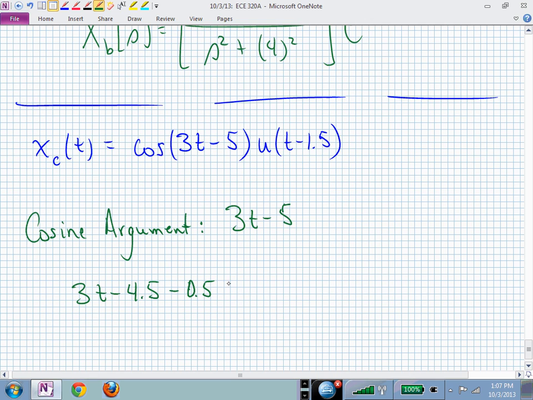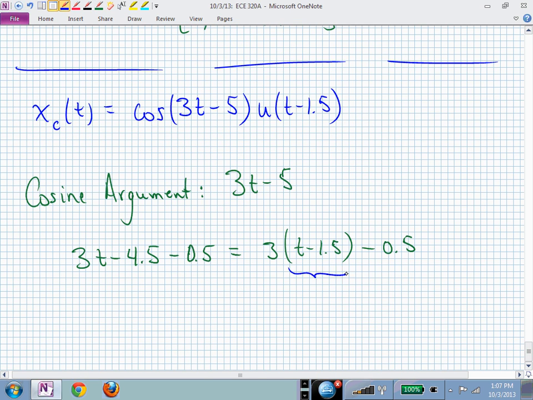I'm not really changing anything, I'm just going to rewrite the argument in a slightly different structure. I'm going to replace the argument expression with 3 times t minus 1.5, minus 0.5. That's the piece that I wanted, wasn't it?